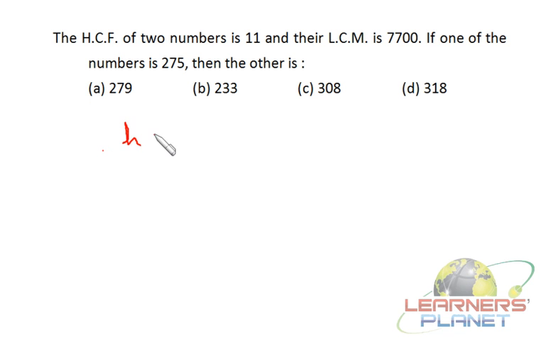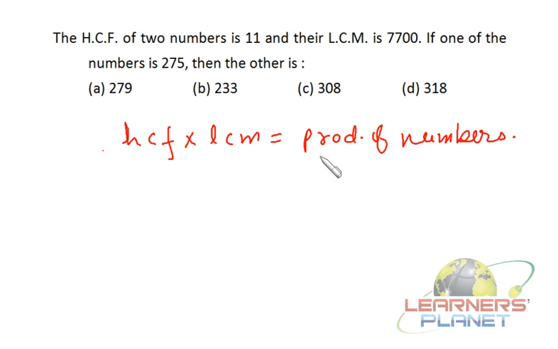Now friends, we have discussed a formula that HCF into LCM of two numbers is equal to the product of the numbers. Here we have been given HCF 11 and LCM 7700, and that should be the product of the numbers, that is 275 into the other number, let's say it is x.